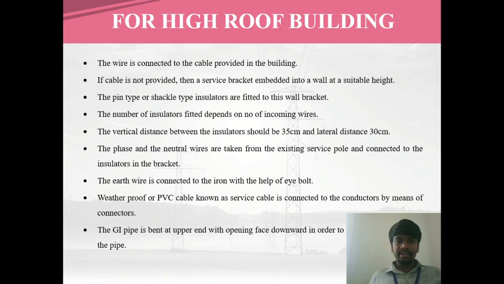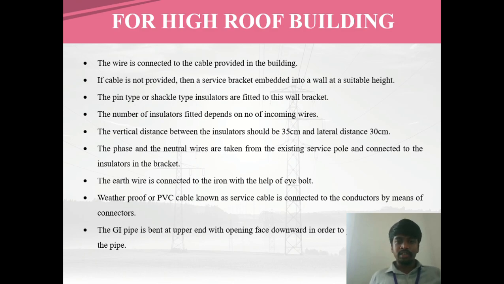Pin type or shackle type insulators are fitted to the wall bracket for holding the cable. The number of insulators fitted depends on the number of incoming cables. The vertical distance between the insulators should be about 35 centimeter and the lateral distance should be about 30 centimeter.